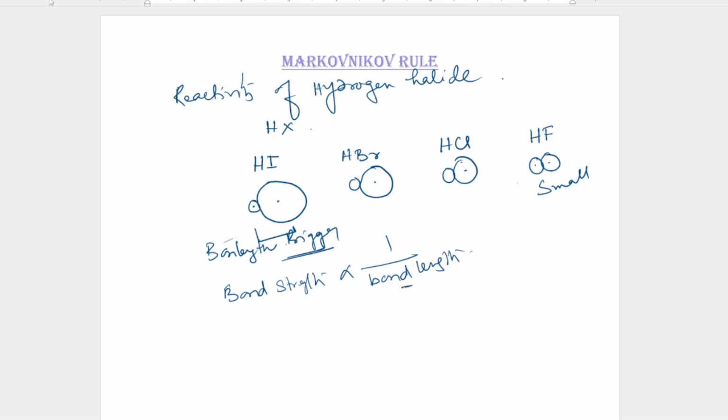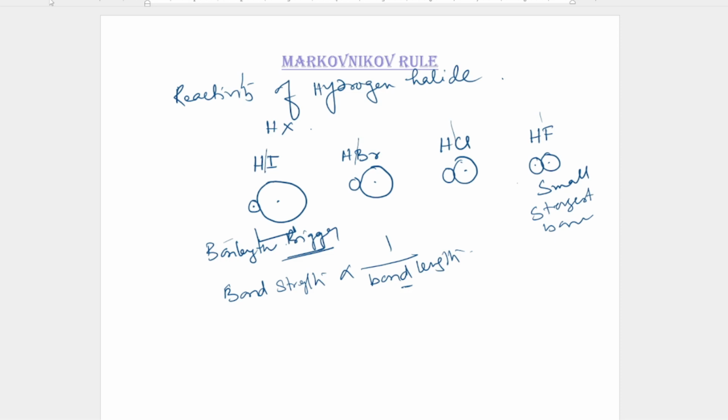That means more bond length will give less strength of that bond. So this is considered to be the strongest bond among the series, and it is quite difficult to break. Whereas for these elements, it is very easy to break this bond.